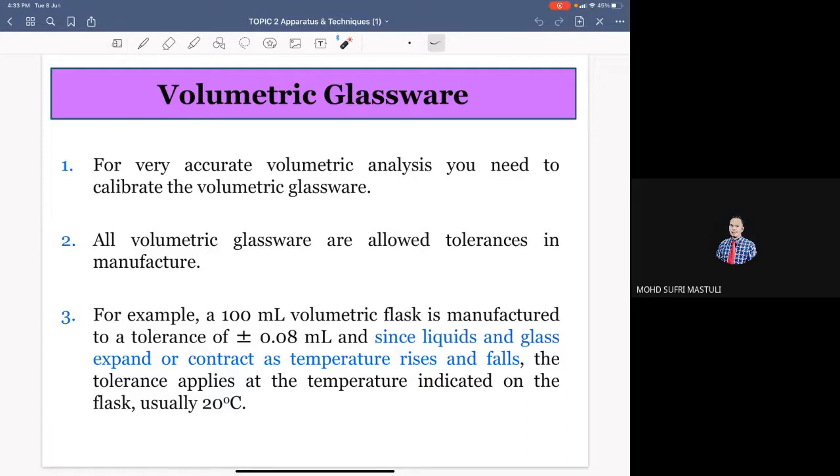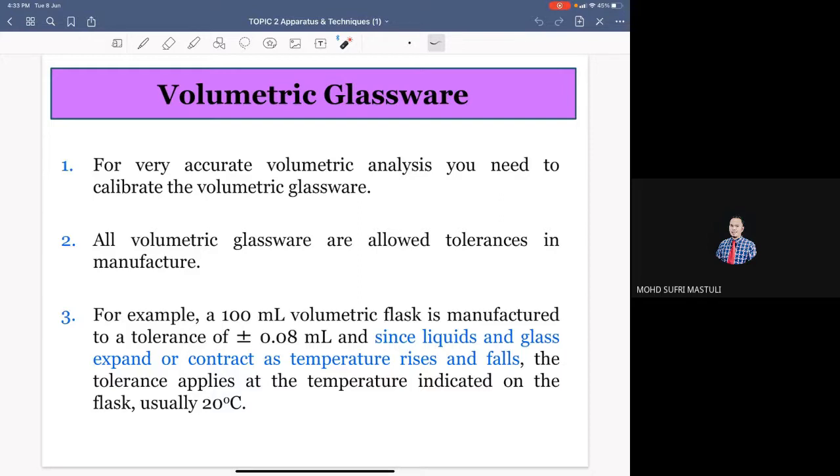For every accurate volumetric analysis, you need to calibrate the volumetric glassware. All volumetric glassware is allowed a tolerance in manufacture. For example, a 100 ml volumetric flask is manufactured with a tolerance of plus or minus 0.08 milliliter.